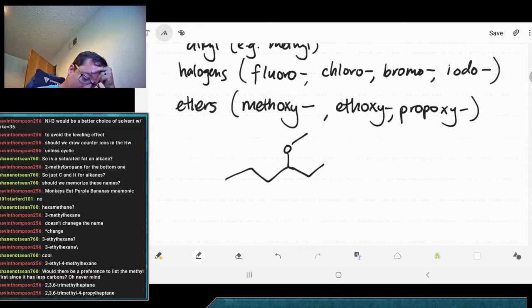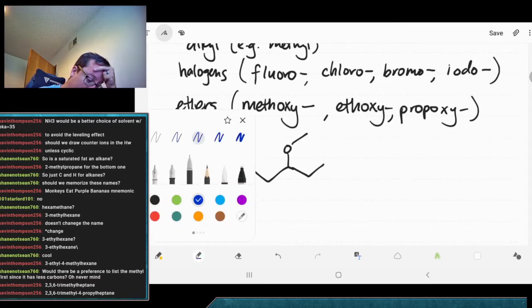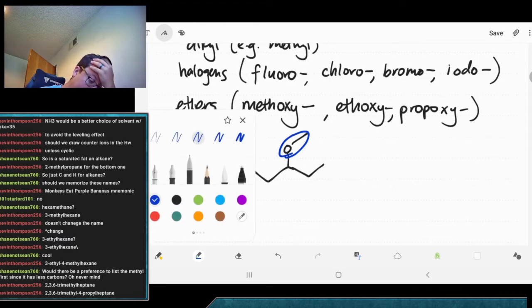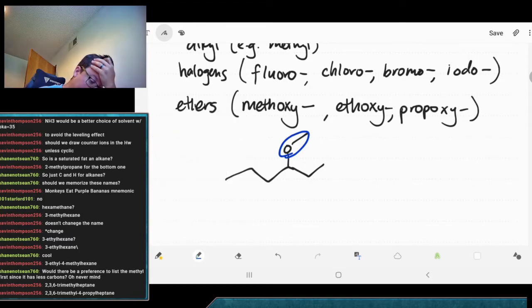if we have this, we would look at what's on that carbon. Like, aha, that is a methoxy. That's an ether. It's methoxy because we have one carbon on the oxygen. If we had two, it would be ethoxy.